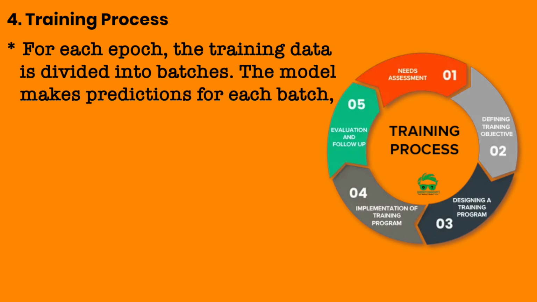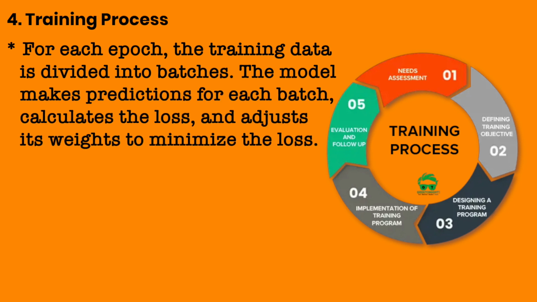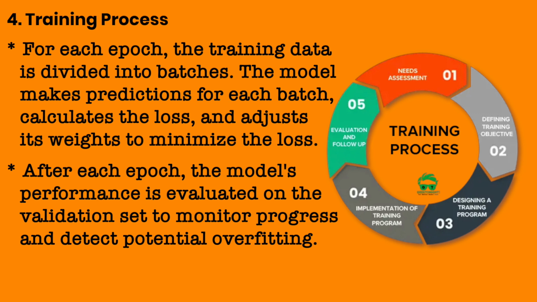For each epoch, the training data is divided into batches. The model makes predictions for each batch, calculates the loss, and adjusts its weights to minimize the loss. After each epoch, the model's performance is evaluated on the validation set to monitor progress and detect potential overfitting.